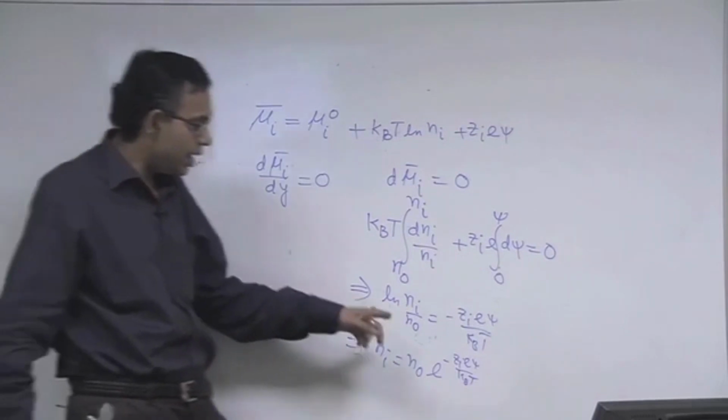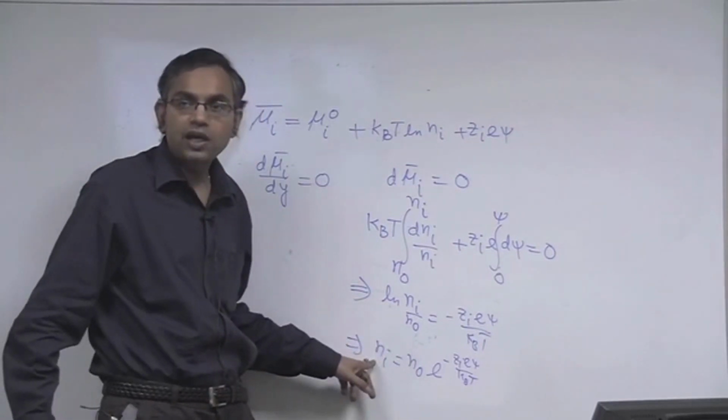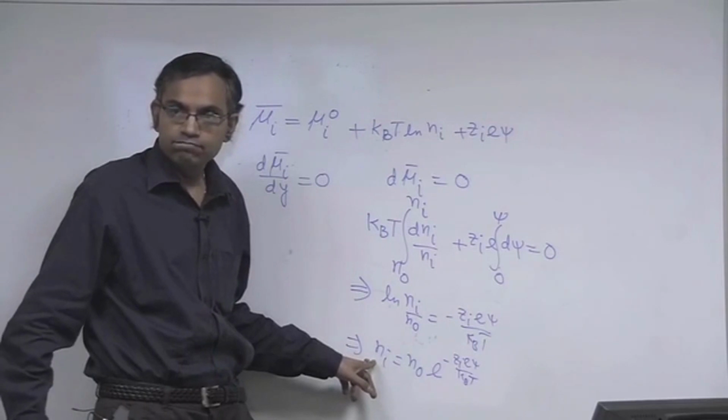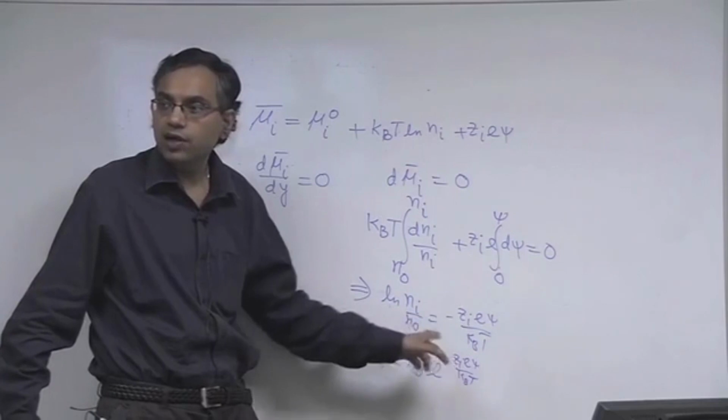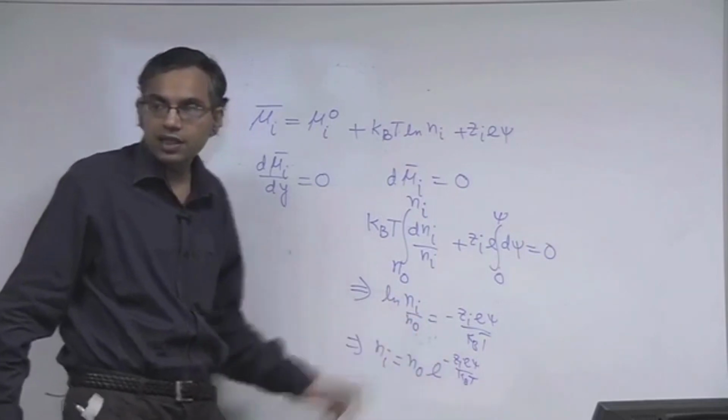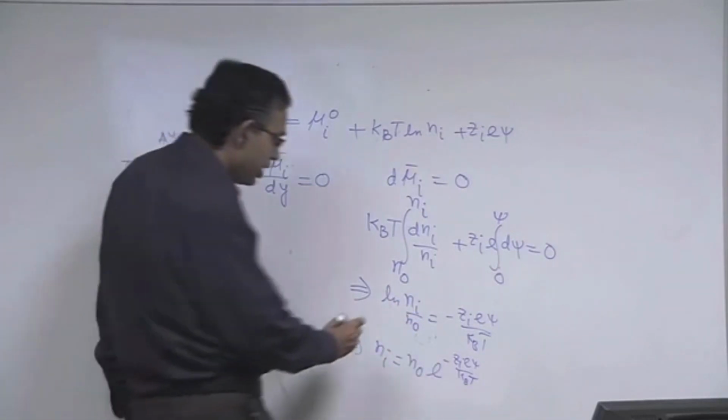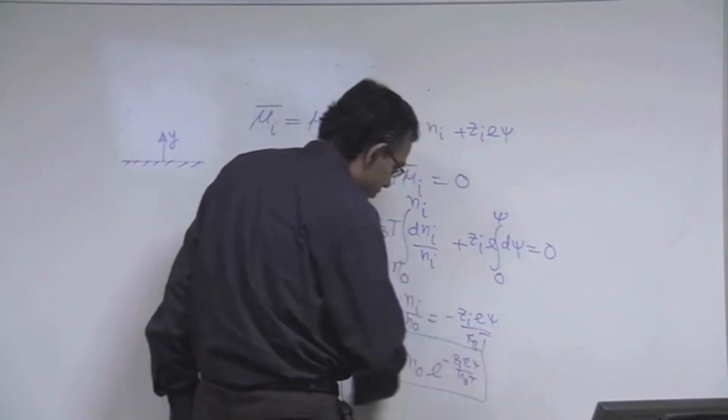So you have been able to successfully express the concentration, the number density of ions of the ith species, as a function of potential. This is known as Boltzmann distribution.